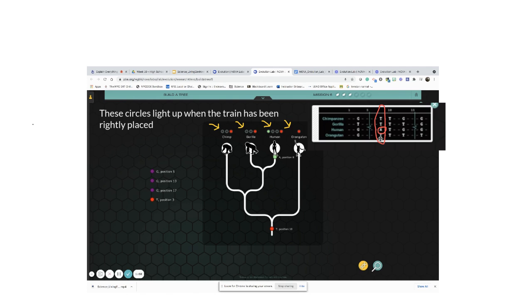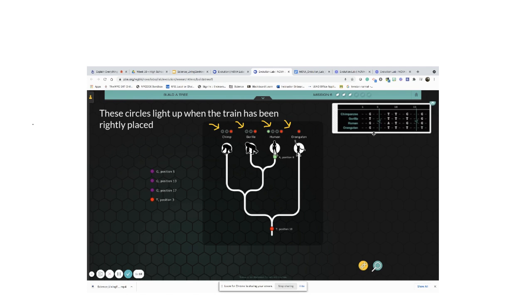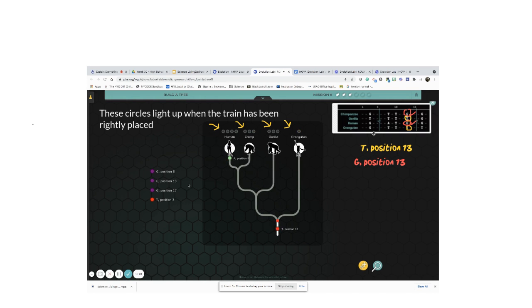Another thing that we can observe from the diagram is that gorilla and orangutan have a T in position 13, and chimpanzee and human have a G in position 13.